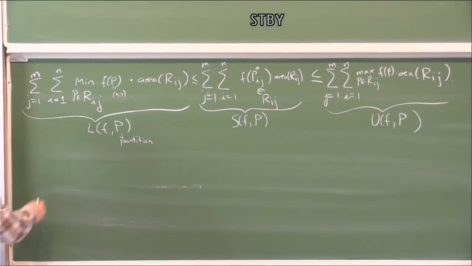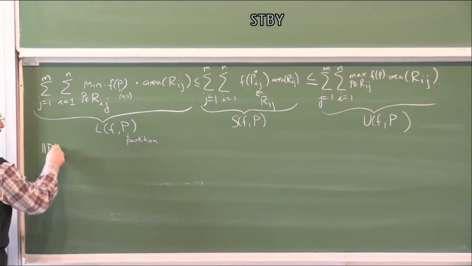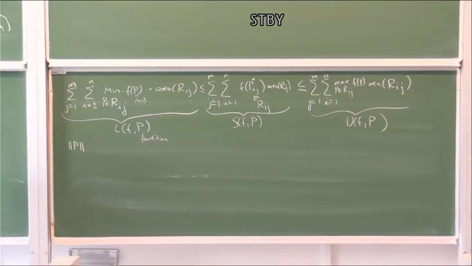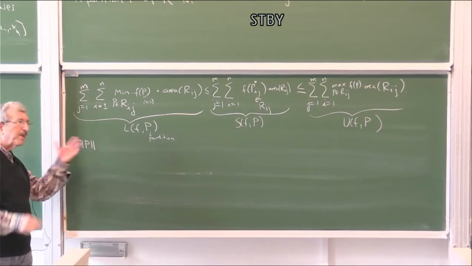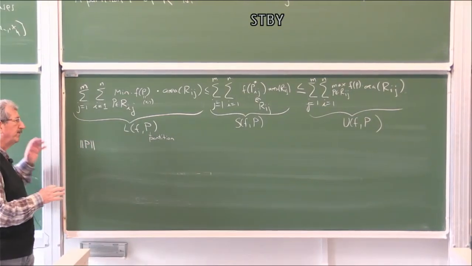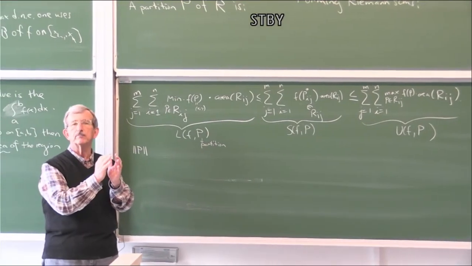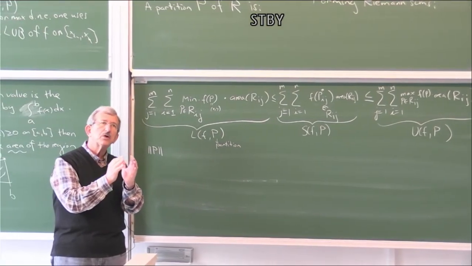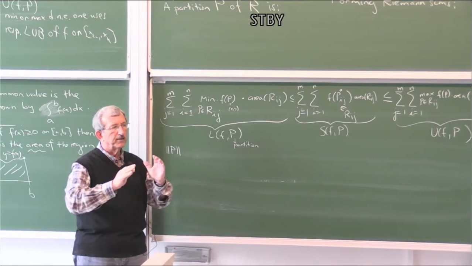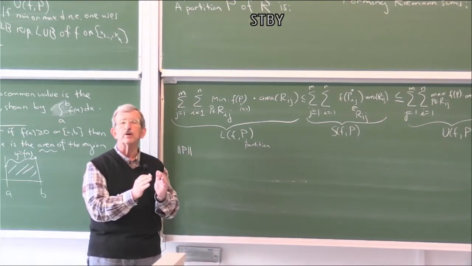Well, next we have the mesh size of the partition. The basic idea is that the intervals in one variable get smaller and smaller. Well, it's equivalent to say that their lengths get smaller.